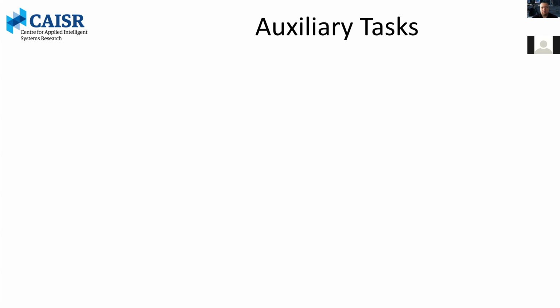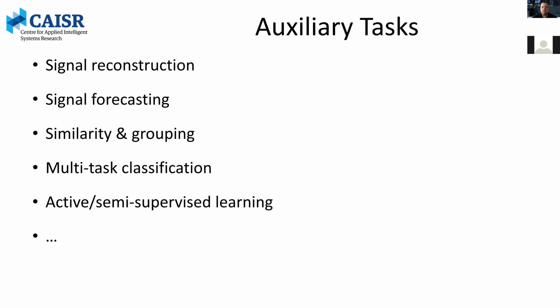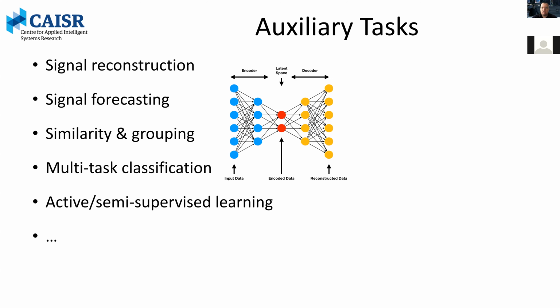There is a lot of techniques going in this direction. You can do this using autoencoders. There is a lot of work on multitask learning, semi-supervised learning. You can use clustering or grouping to find good representations, denoising autoencoders, and so on. So there is a lot of different techniques.